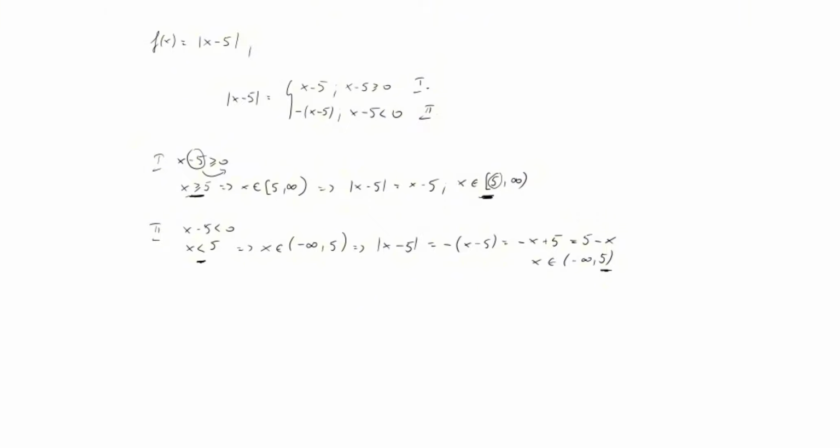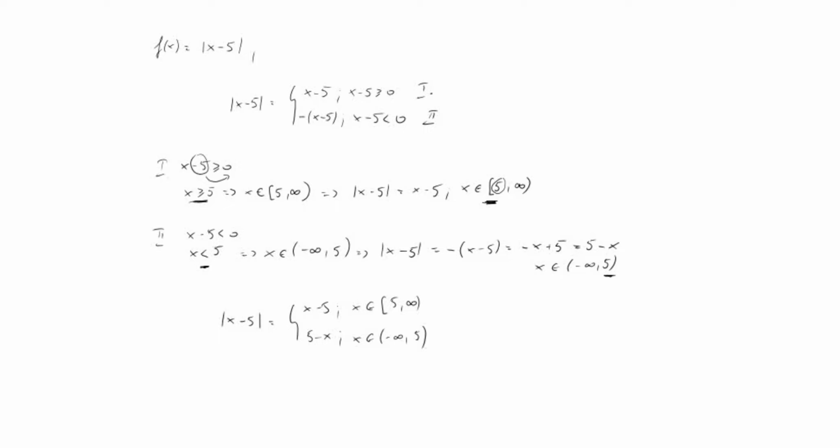Okay, so we can write this again: x minus 5 in absolute value equals x minus 5 if x is from [5, infinity), or in the second case it's 5 minus x if x is from minus infinity to 5.